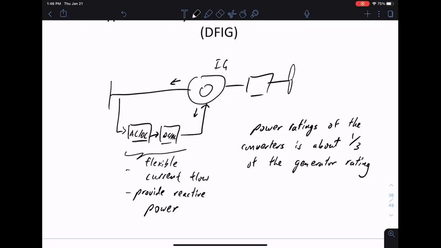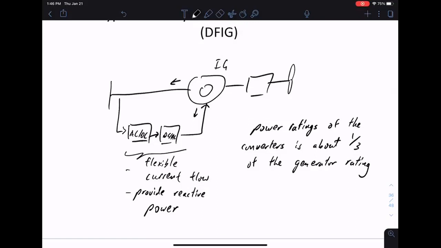You can think of 2/3 of the power or current still going through the main path to the farm collection point, whereas 1/3 is flexibly controlled through the path with converters. So this definitely gives us a much wider operating range, but it's not full converters because they don't carry most of the power. They still carry a relatively small amount of power.